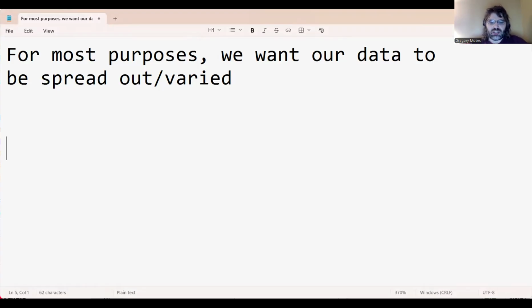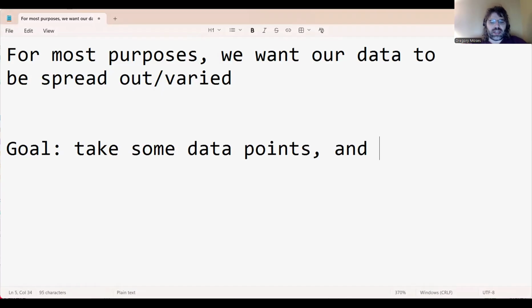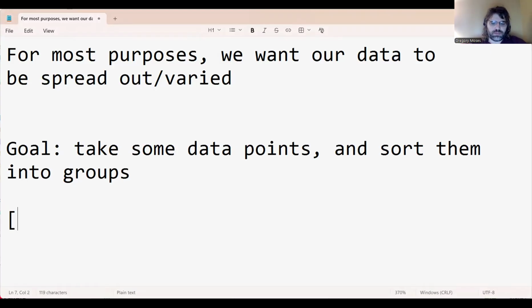Why is that? Let's state a goal we might have. Take some data points and sort them into groups.